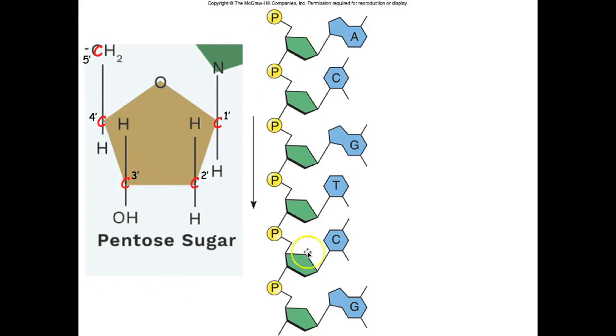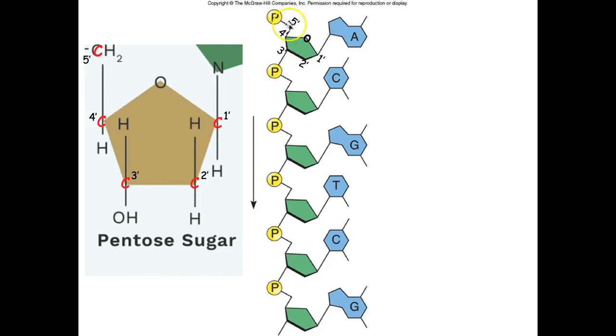We can number our carbons on this pentose sugar. Our oxygen is here at the little peak of this pentose sugar, and we go 1, 2, 3, 4, 5. So the carbon that's at the top of this sugar is the 5 prime carbon. So we go 5 prime to 3 prime.